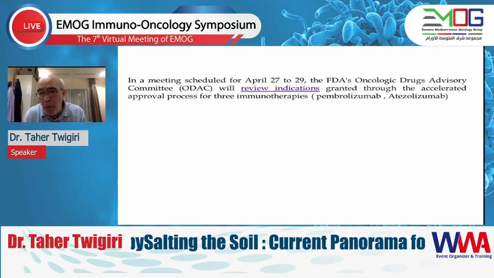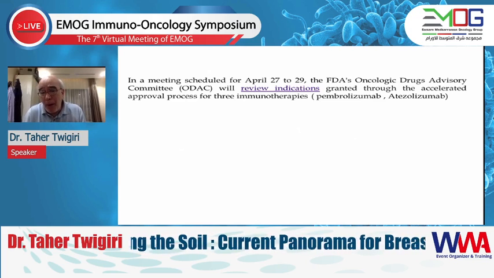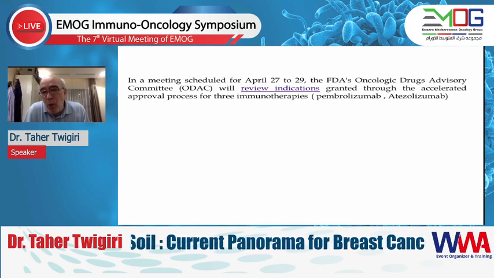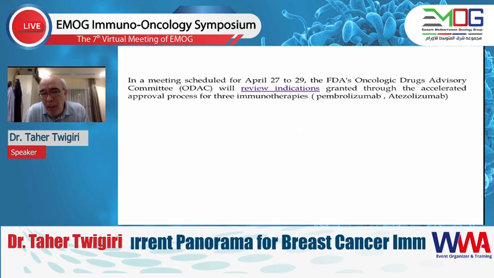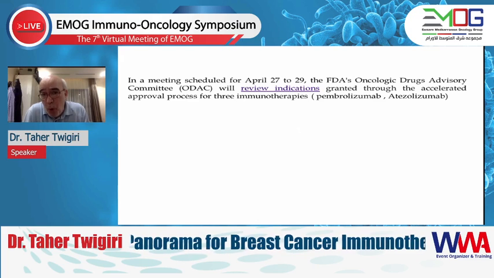I'm talking about Pembro, Atezo, and durvalumab. My feeling is there is a high possibility we are going to learn on the 29th or 30th of April that a lot of this immunotherapy is going to be withdrawn.